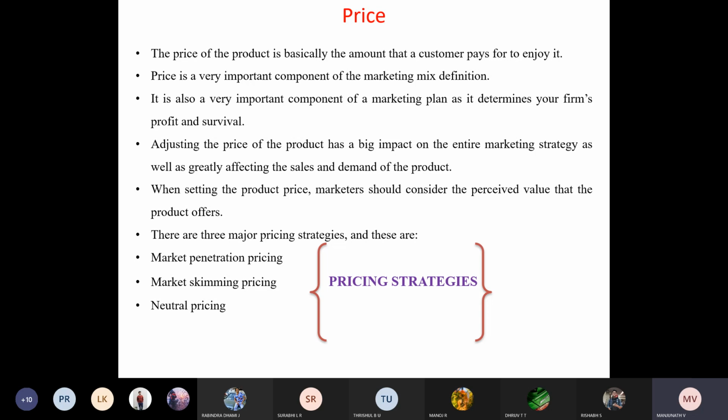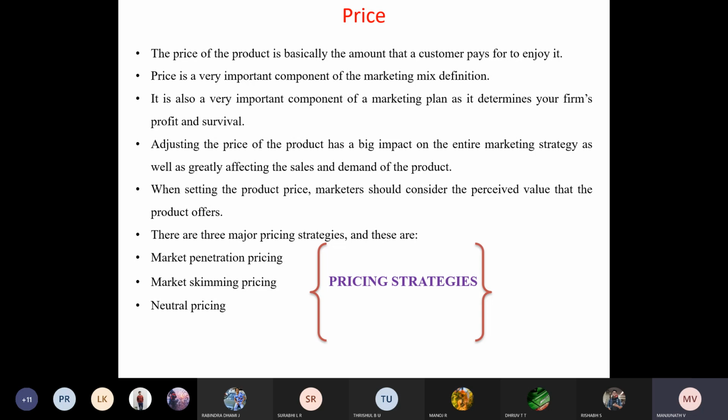I'm not going in depth into those new concepts because you are still in the learning stage, and you will learn them in detail and in depth during your higher courses of learning. Now, to begin with, adjusting the price of the product has a big impact on the entire marketing strategy.